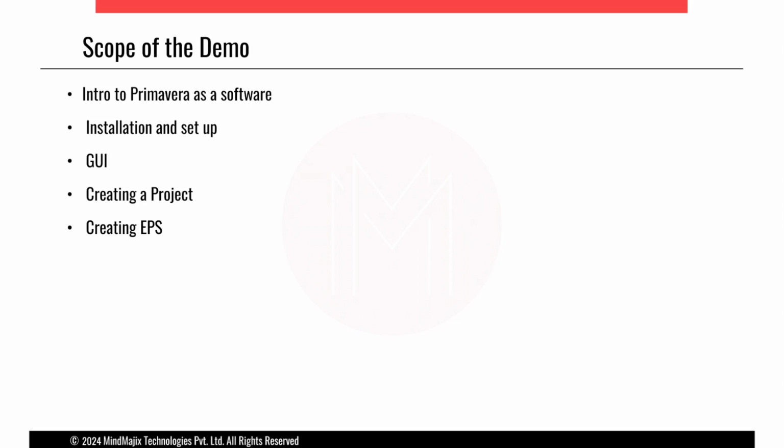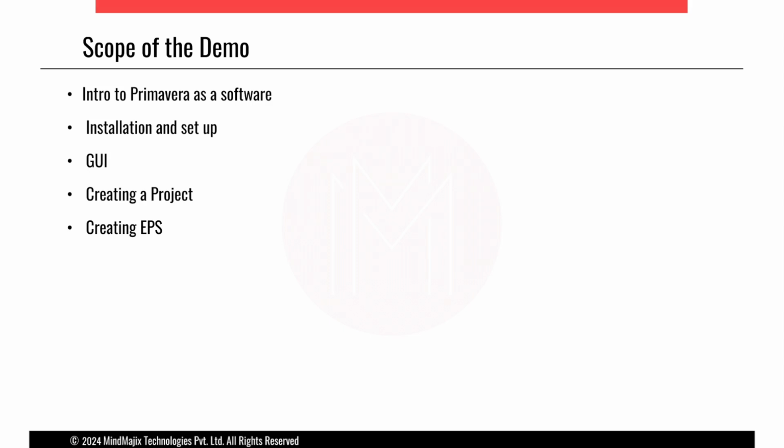Okay, so let me quickly go to the Primavera software. In order to launch it after you have installed it, you can just write P6. Don't write Primavera. If you write Primavera, you might not find anything. So it's easy to actually write P6 and you'll find it.